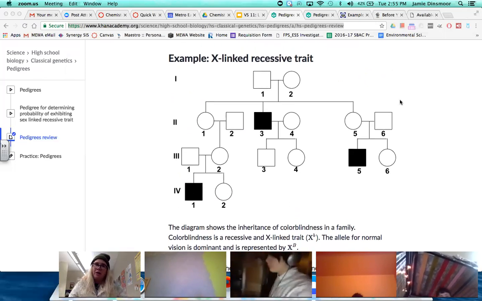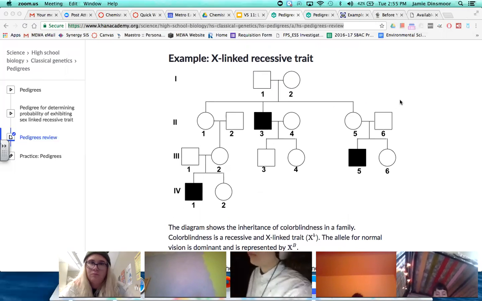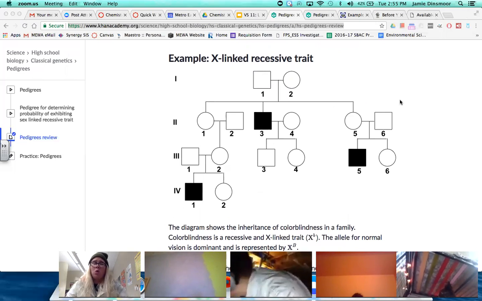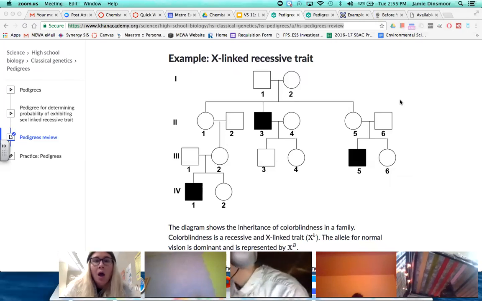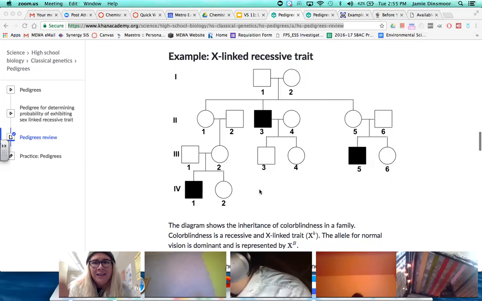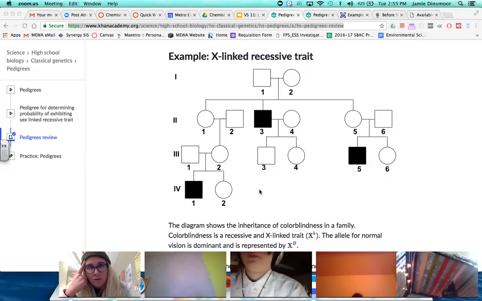Do we see a lot of people with the trait? No. Does that make sense? Yes, because we don't see a lot of people that are colorblind, right? It's rare. It still happens. So that's a good signal to you that it might be recessive.